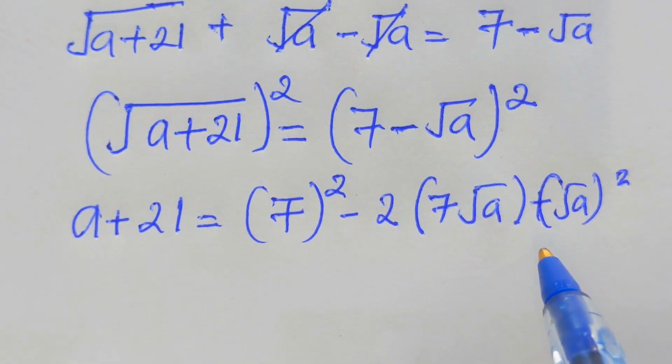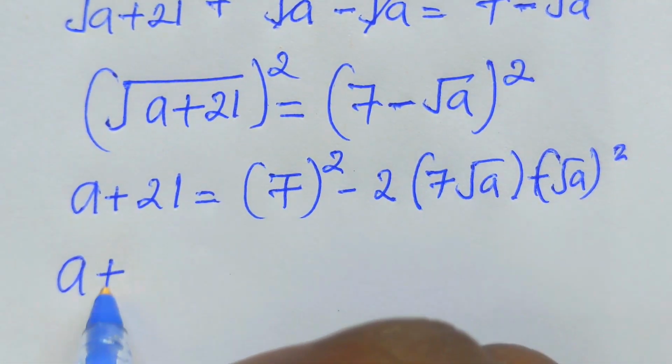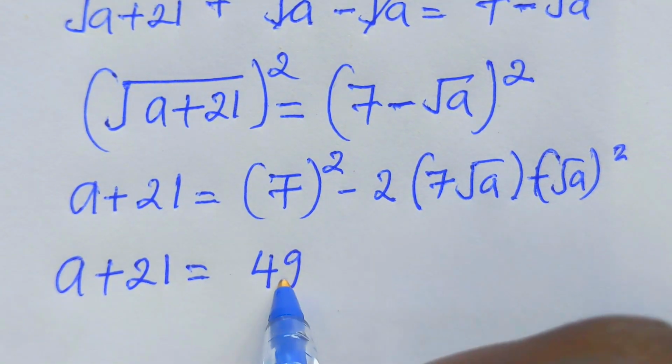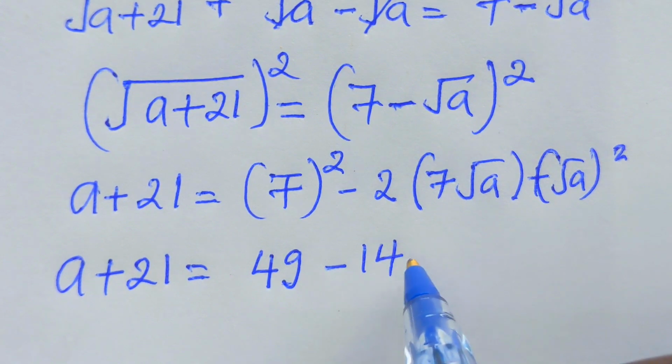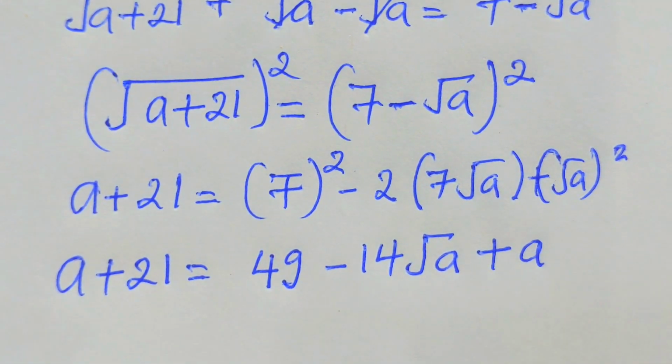This is what we have. Now we write a plus 21 equals 49 minus 14 square root of a plus a.